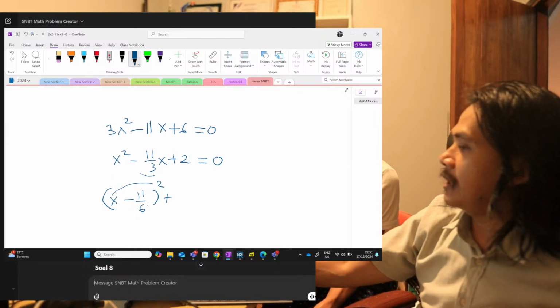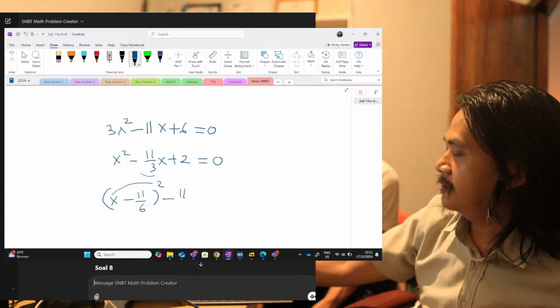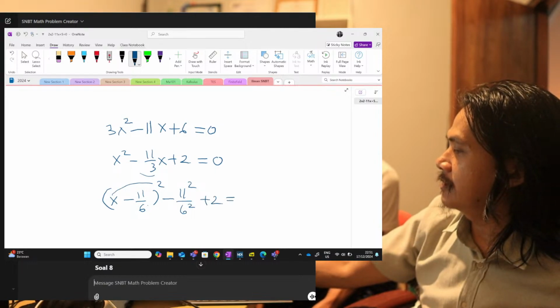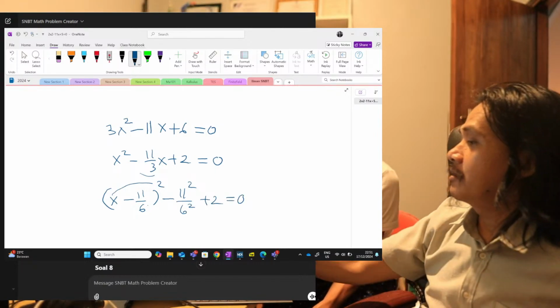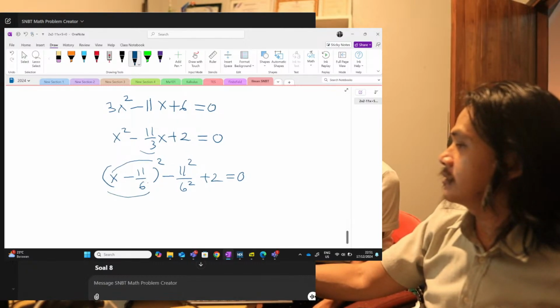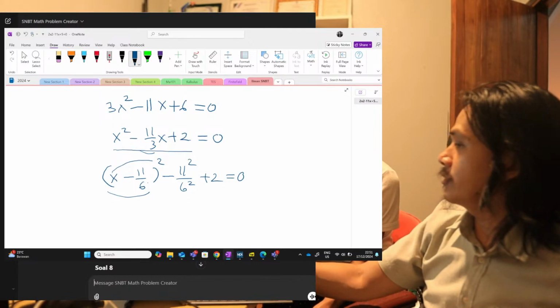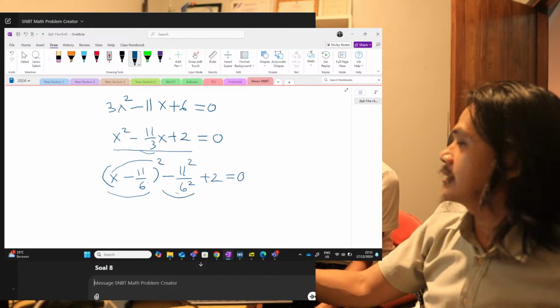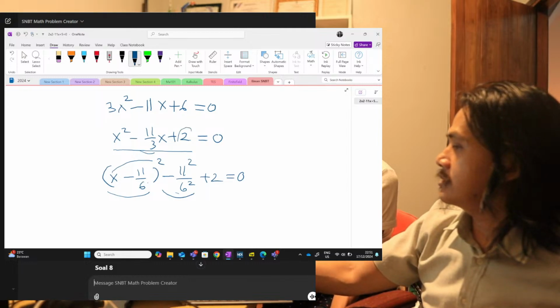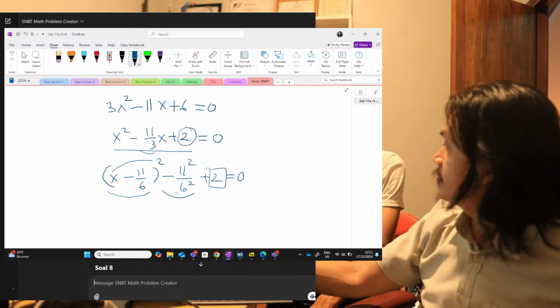So we need to subtract again that guy. And still plus 2, right? You understand? Because when we expand this, there is an extra 11 over 6 squared, which was originally not in there. So we need to compensate by minusing this guy. But the 2 is not there, so we keep it. And then you move both of them over.